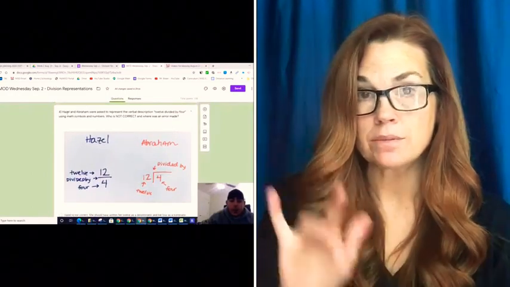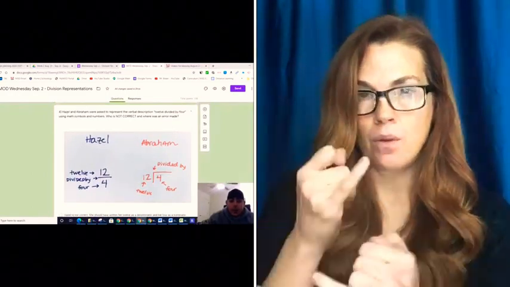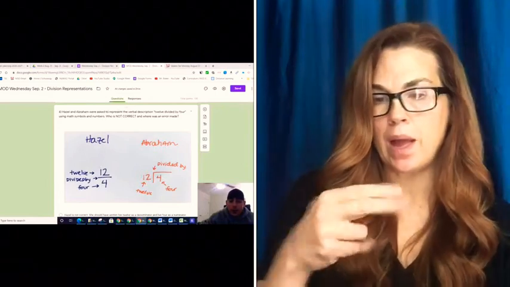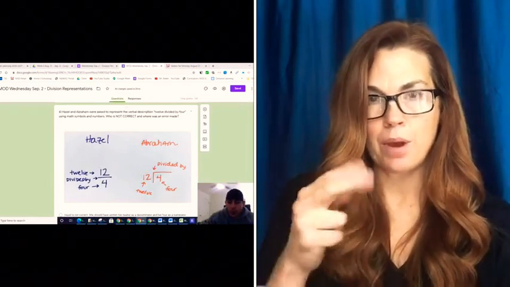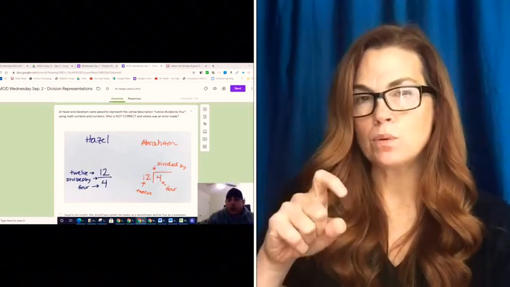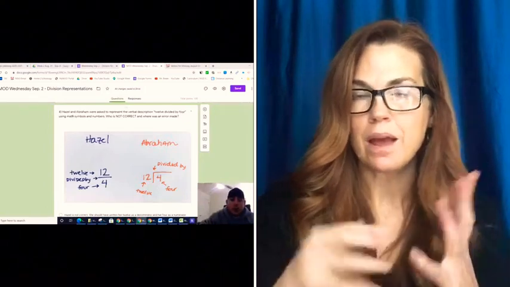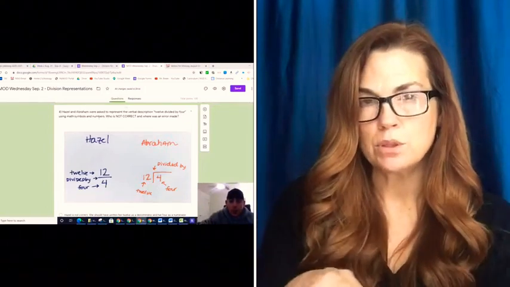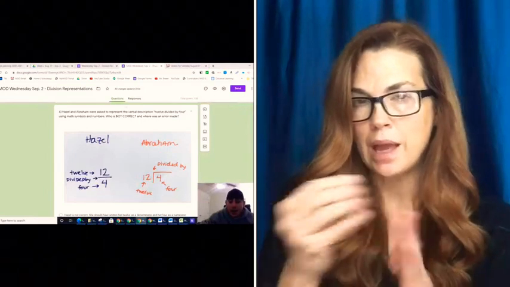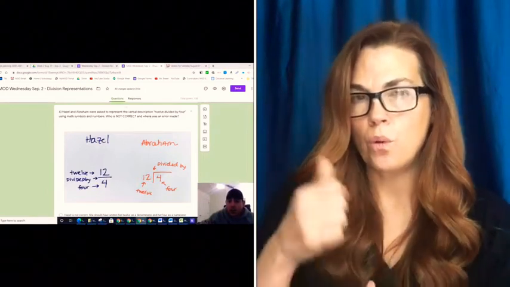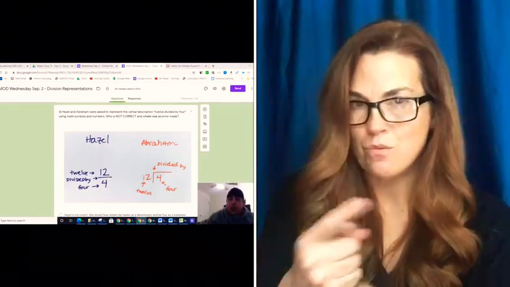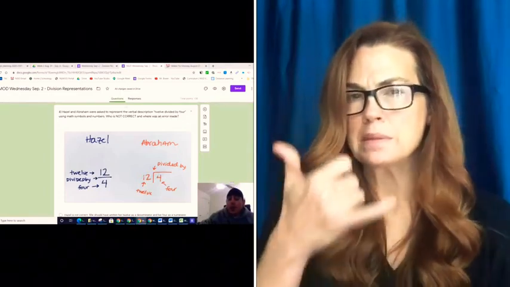last problem. It says, Hazel and Abraham were asked to represent the verbal description 12 divided by 4 using math symbols and numbers. Who is not correct, and where was an error made?